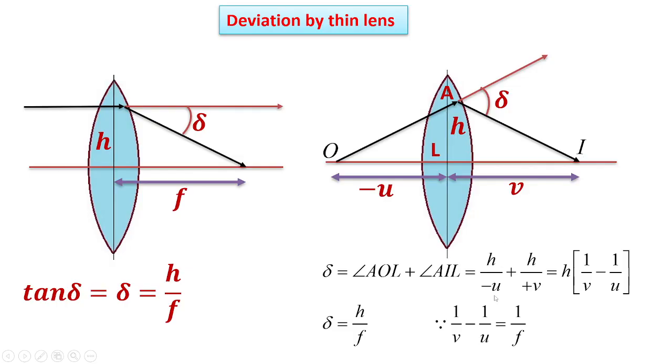This is equal to H divided by minus U plus H divided by plus V, which is equal to H into the bracket 1 divided by V minus 1 divided by U. Delta is equal to H divided by F, since 1 upon V minus 1 upon U is equal to 1 divided by F.